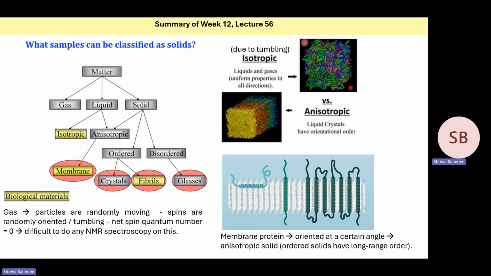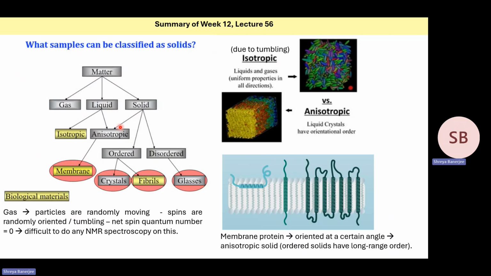So we have been studying solution state NMR, where the sample was dissolved in a liquid and it was isotropic in nature. That means that the molecules in the sample were free to tumble and move around, and so all the properties got averaged out and it is uniform in all directions. This is the kind of NMR we have studied so far.